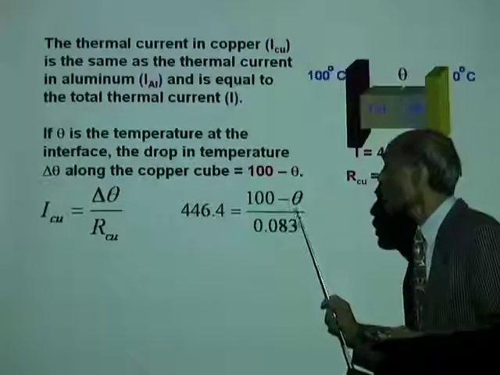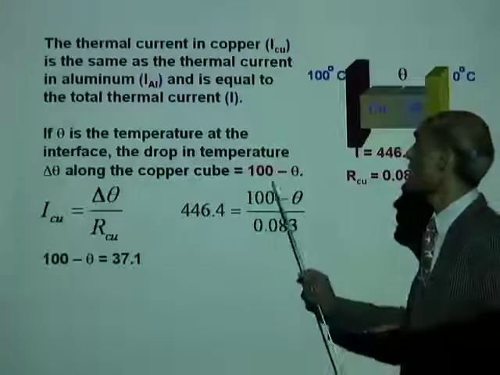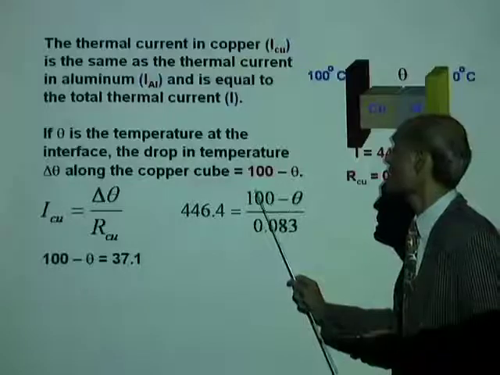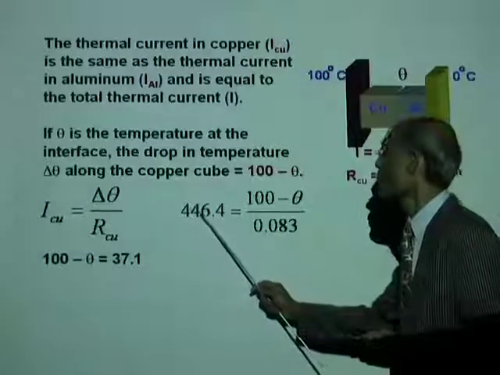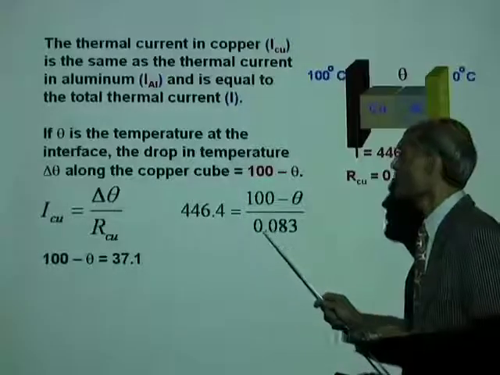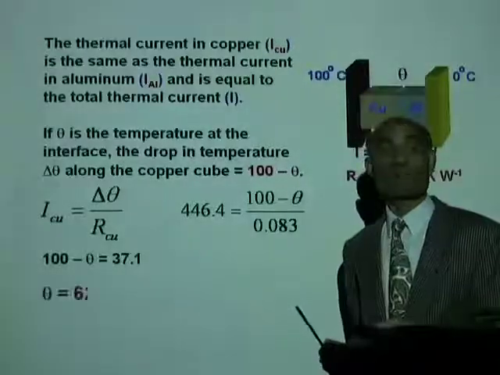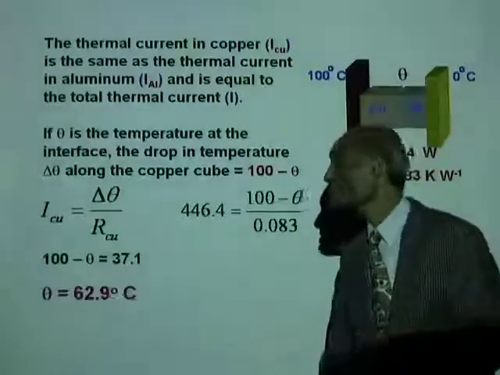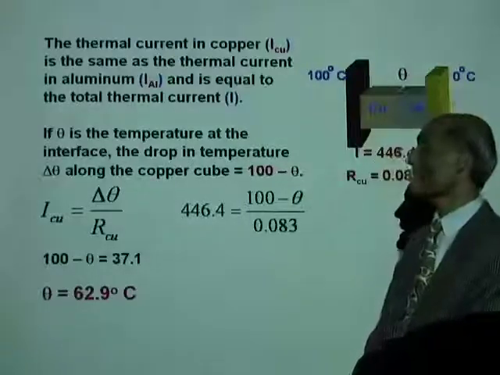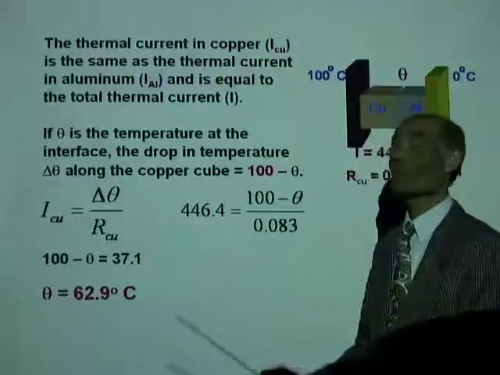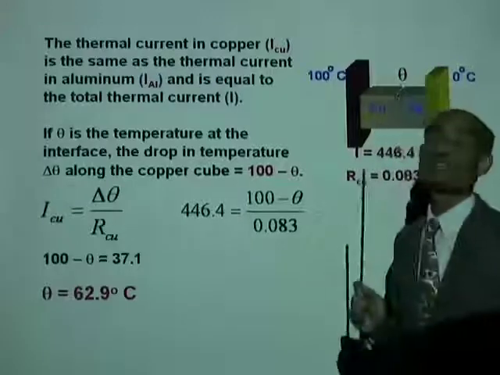We can now solve for theta from there. 100 minus theta equals 446.4 multiplied by 0.083. That is 37.1. And therefore theta equals 62.9 degrees Celsius. That is the temperature at the interface.